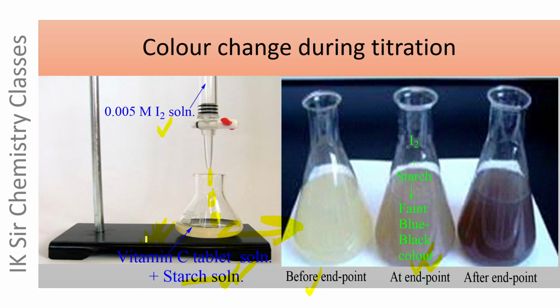When the entire amount of ascorbic acid is oxidized to dehydroascorbic acid, the addition of 1 drop of 0.005 molar iodine solution leads to the reaction of iodine with starch, forming a faint blue-black coloration. And after this end point, the addition of 1 more drop of iodine solution leads to a darker coloration.